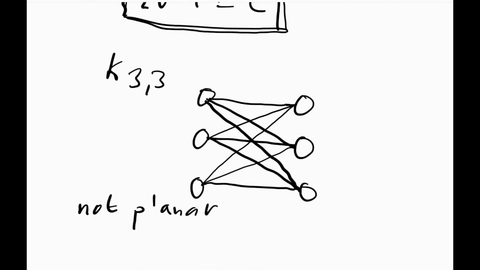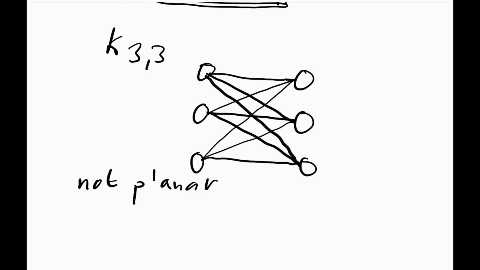Let's suppose it's a planar graph and it does not have triangles. We see it doesn't have triangles because a bipartite graph does not. It comes from the nature of how we draw it: we connect to the vertices of the other side, but we don't connect the vertices among themselves on the left side, the three of them, and on the right side, the three of them.